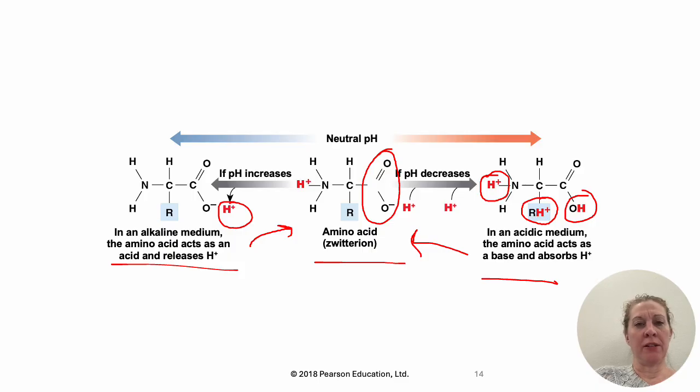When the amino acids are in a peptide bond, then these areas are already bound to the other amino acids, so then the R group itself has to act as the buffer. If it's just a single amino acid, though, then the carboxyl groups and the amino groups here can act as a buffer as well.